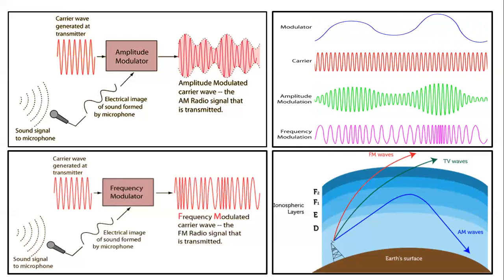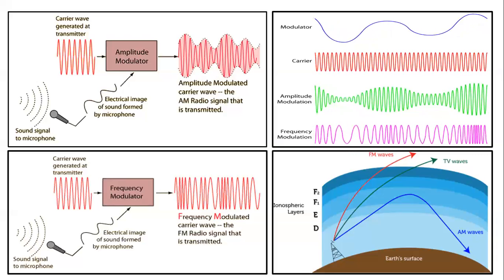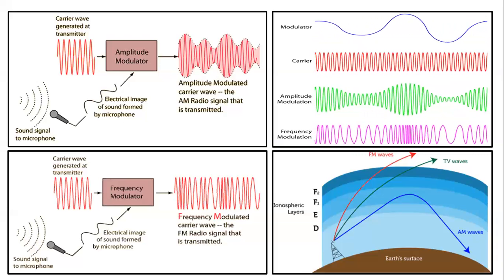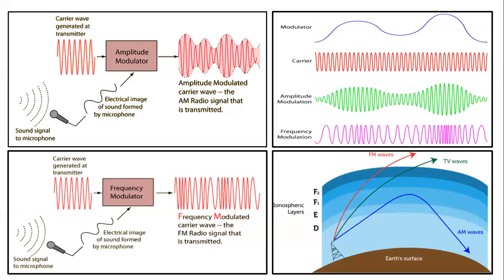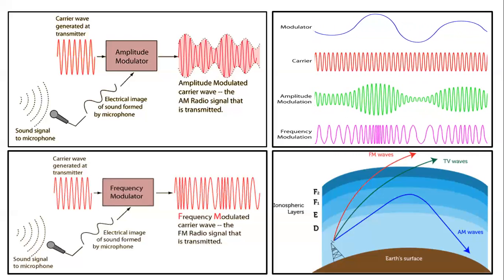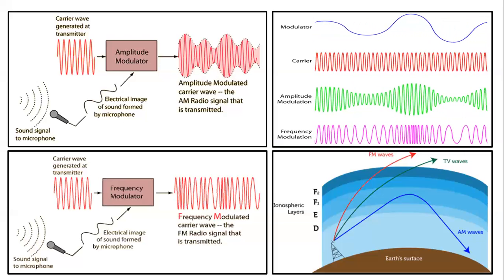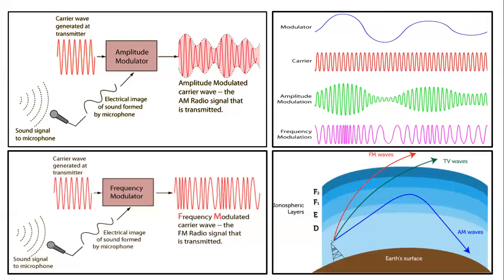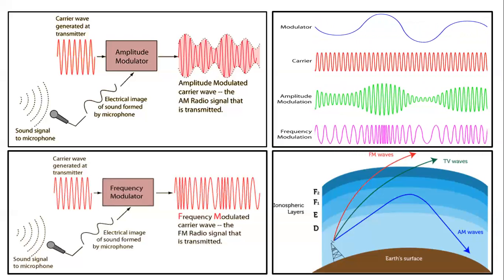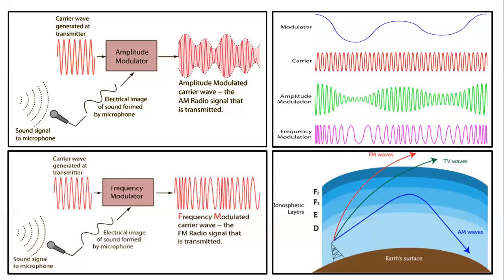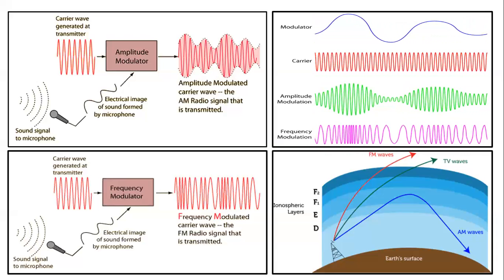The FM wave, again, starts with a carrier wave generated at the transmitter. The sound signal to the microphone is turned into electrical signals, and in this case, they modulate the frequency. The frequency modulated carrier wave, the FM radio signal that is transmitted, is slightly different in frequency from wave to wave.